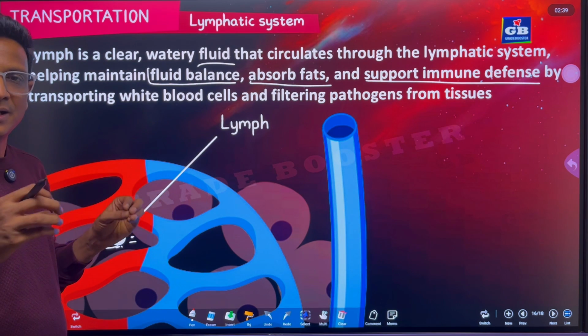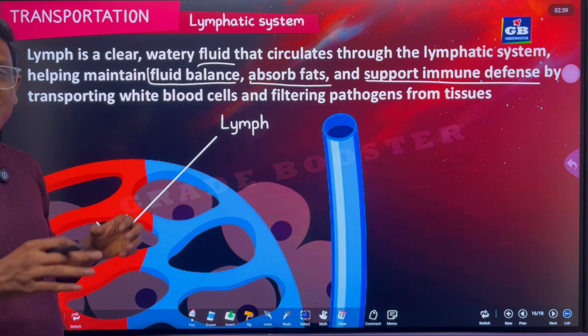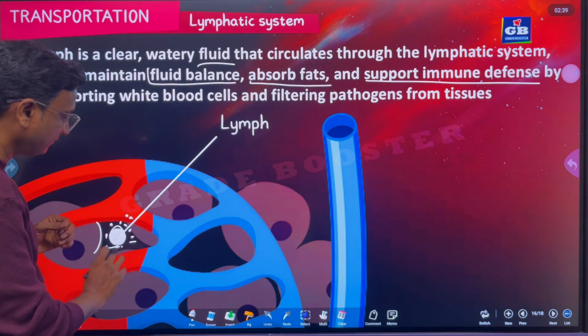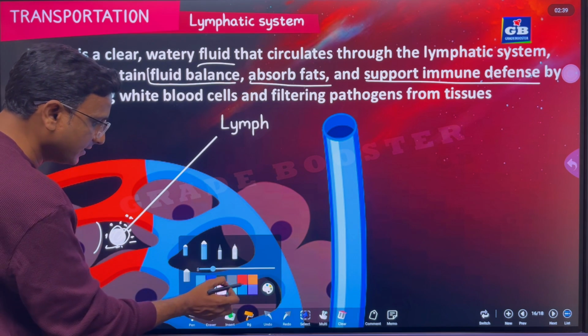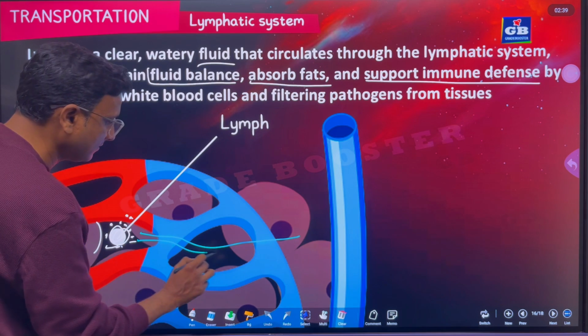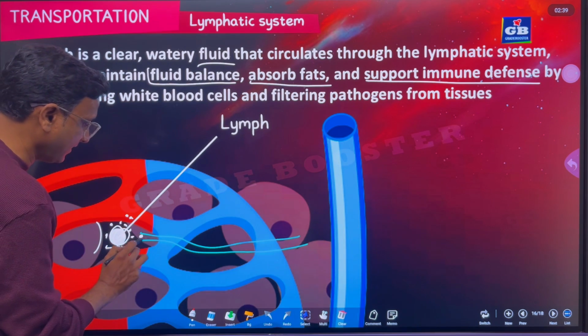They just contain liquid, water and some nutrients. All these materials form the lymph. This lymph enters into the lymphatic vessels.